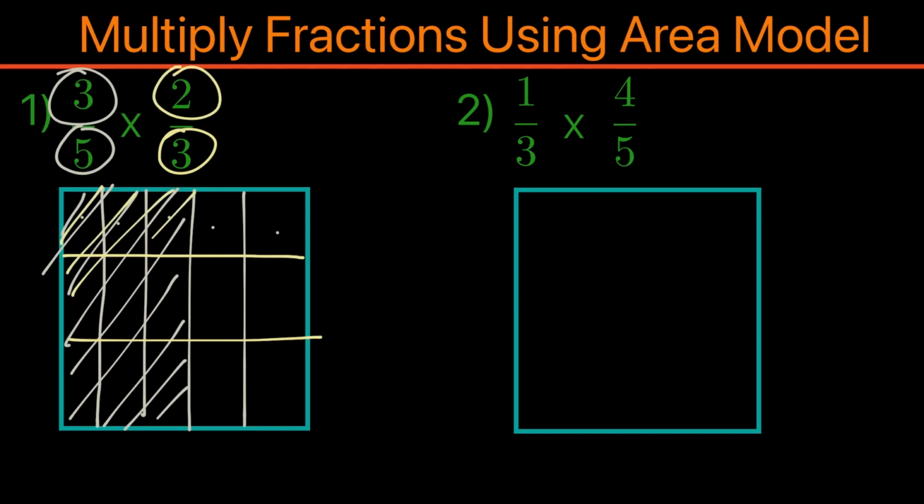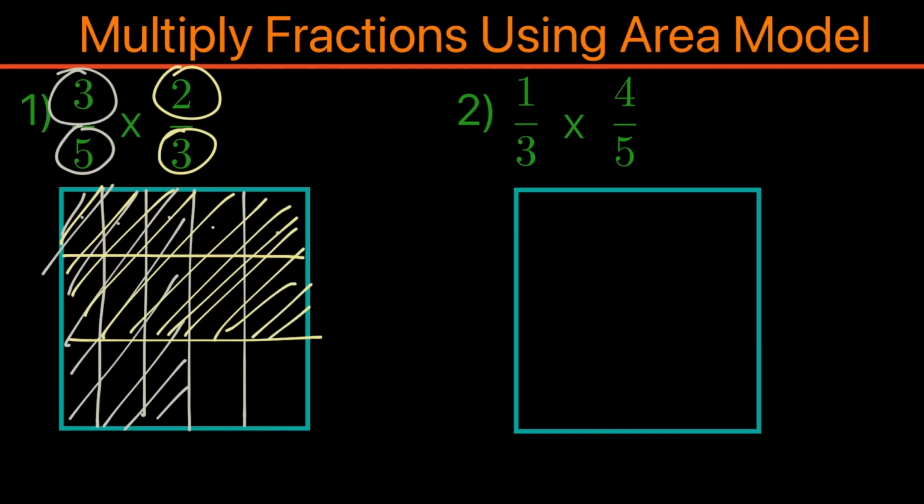So let's shade here in yellow. Now lastly, all we have to do is look at the overlapping squares. And the overlapping would be 1, 2, 3, 4, 5, 6.